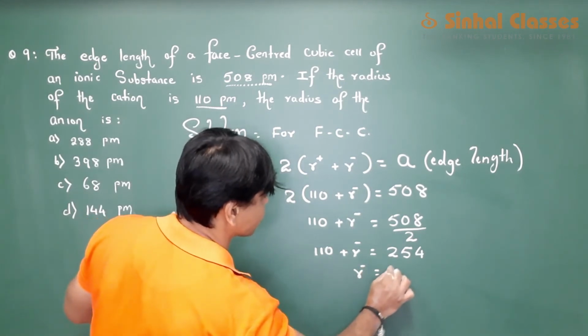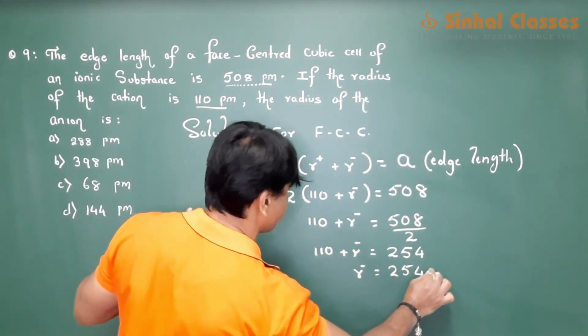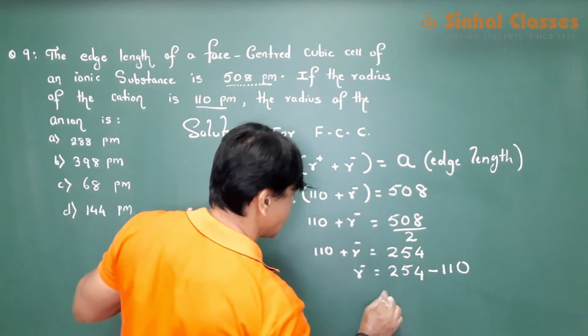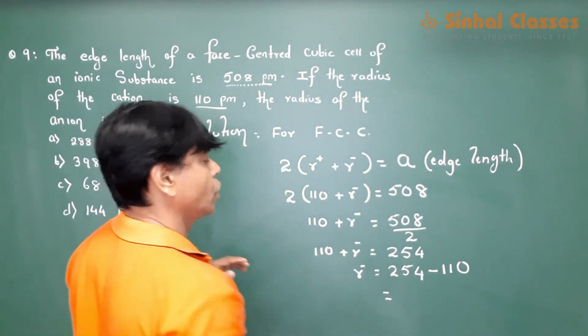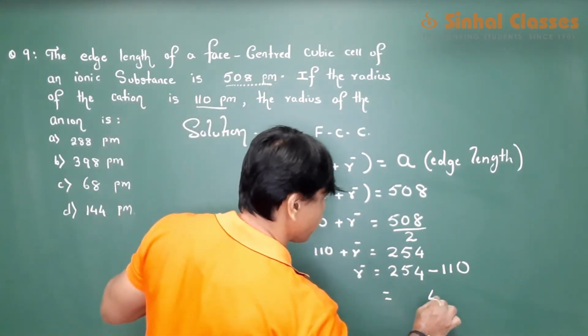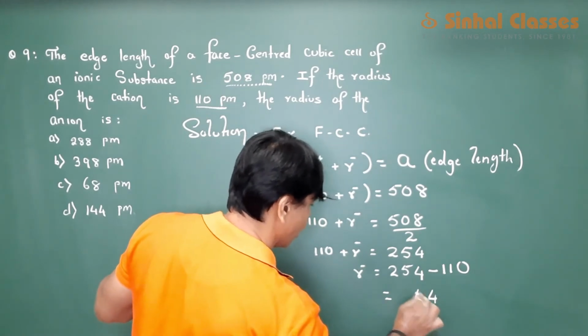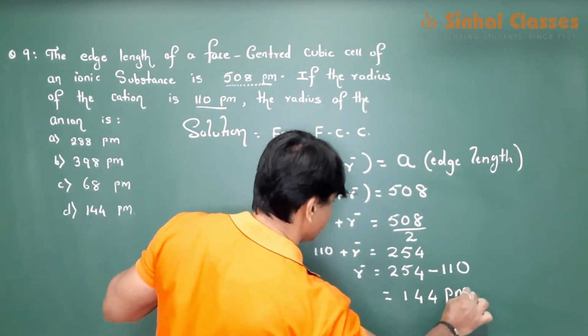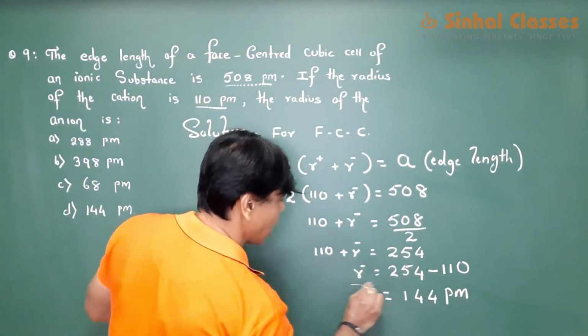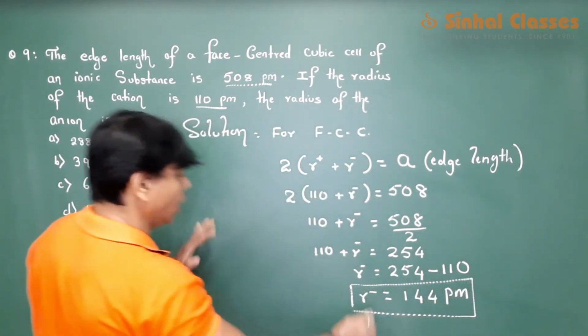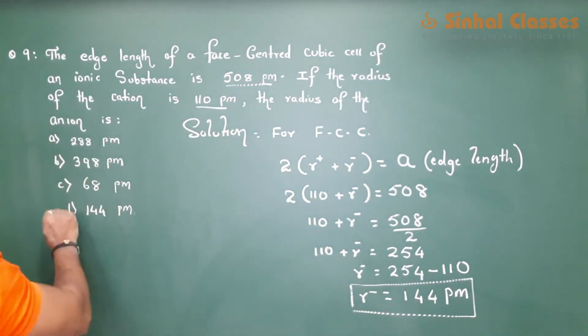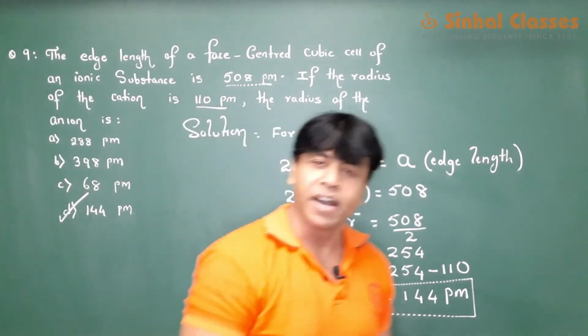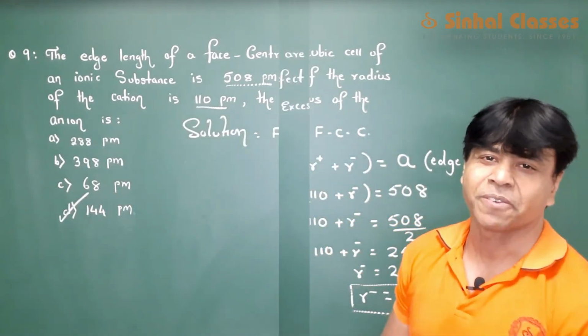So R minus will be 254 picometer minus 110. So it will be 144 picometer, your final answer for R minus. So your option D is the correct answer for this question.